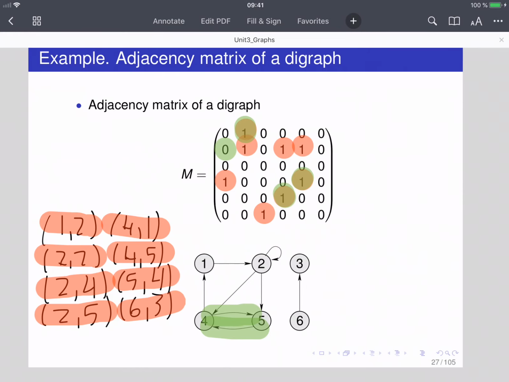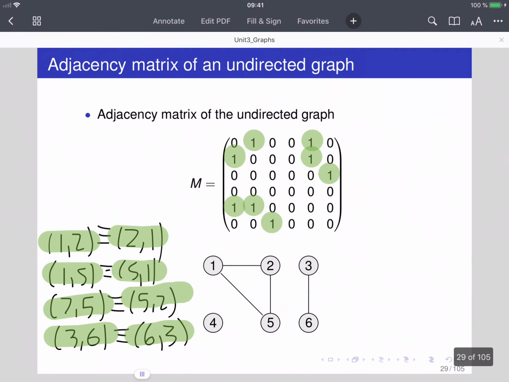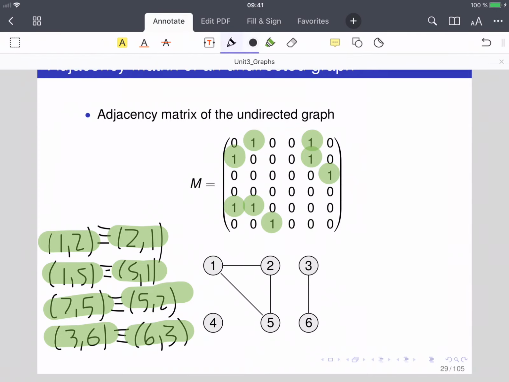I think this is better understood first with the case in which the graph is not directed, and we come back to the directed case. So remember that the degree of a vertex in a graph is the number of edges that are incident in that vertex.